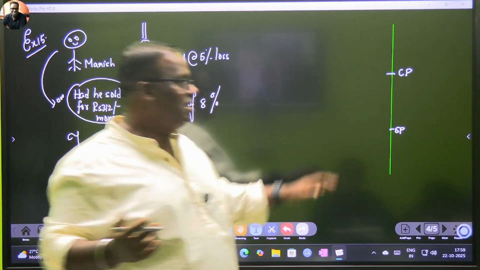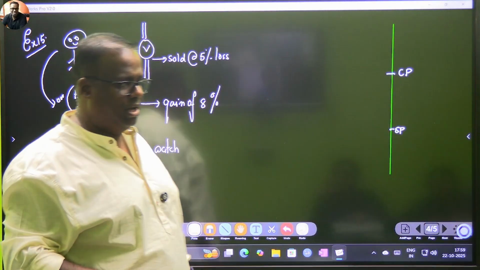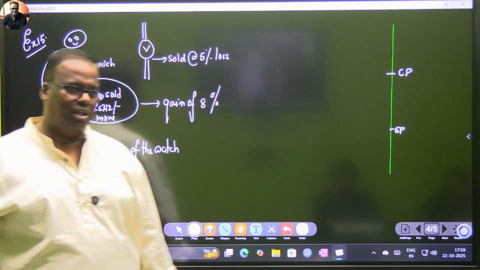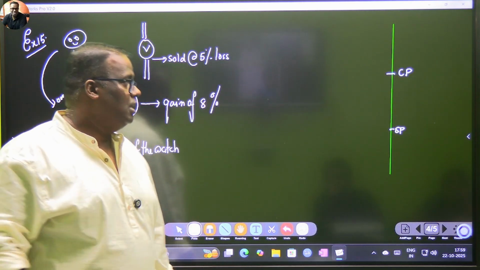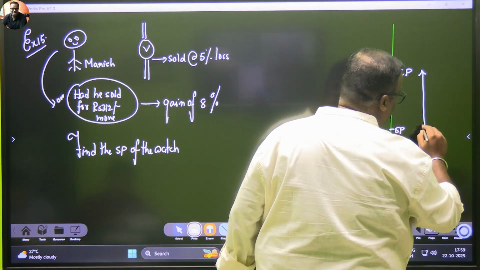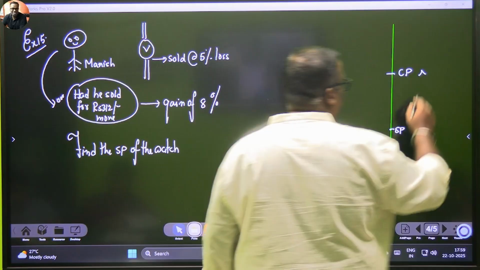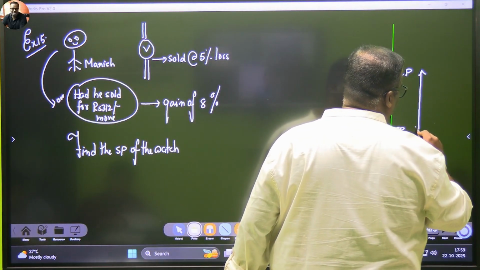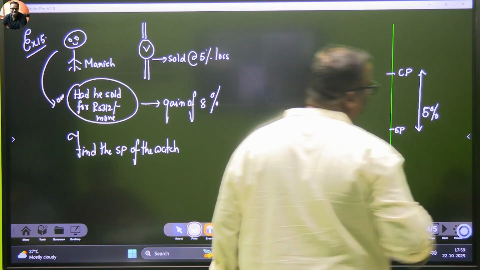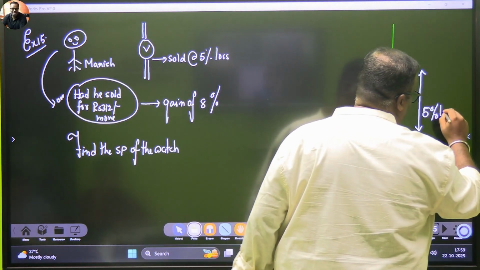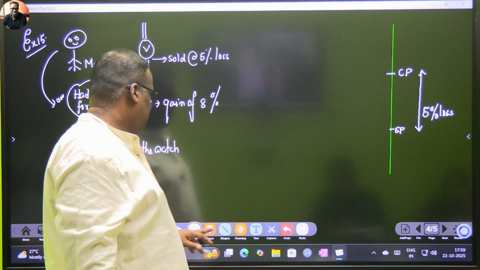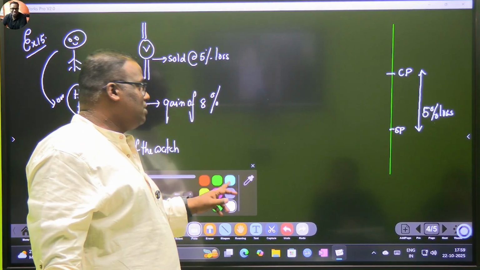The CP will be standing on top, the SP will be standing at the bottom. Do you agree? Something else they have given us, that this gap is 5%. In terms of percentage, this is a 5% loss. Now let's chalk the 312.